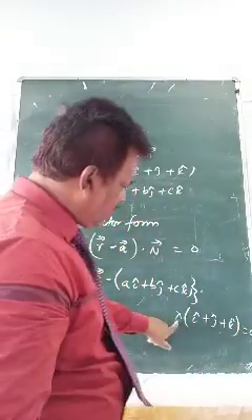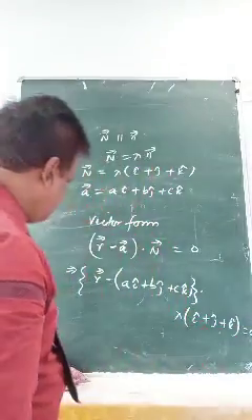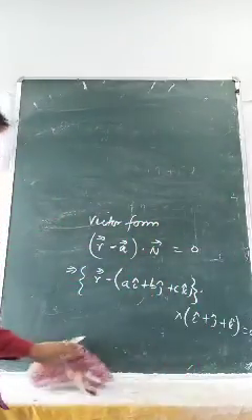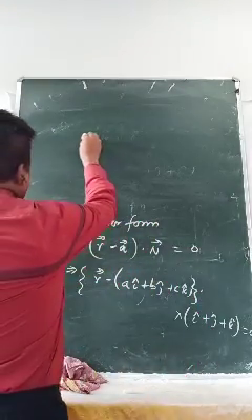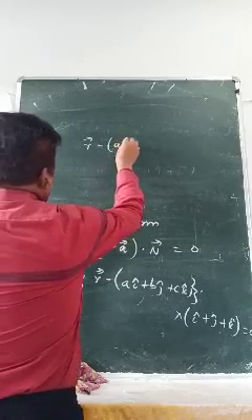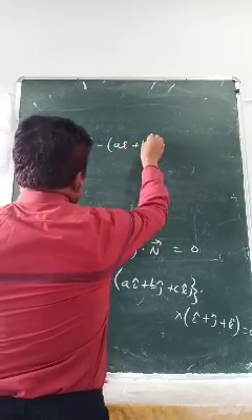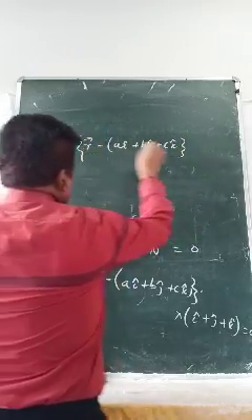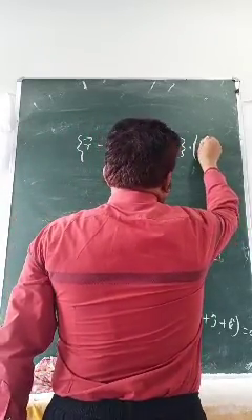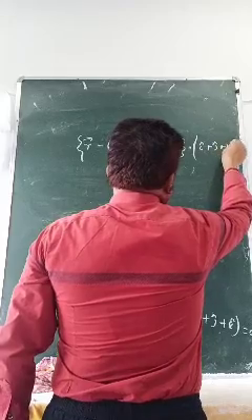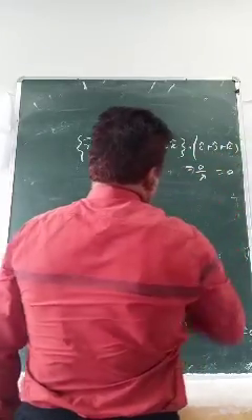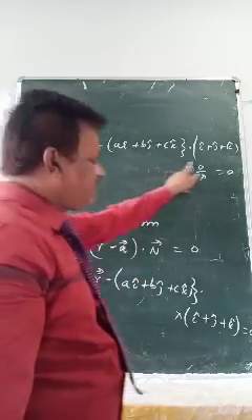Since lambda is a scalar, we can divide it out. So you can write r minus ai plus bj plus ck dot i plus j plus k equals 0 by lambda, that is 0. This became your vector form.